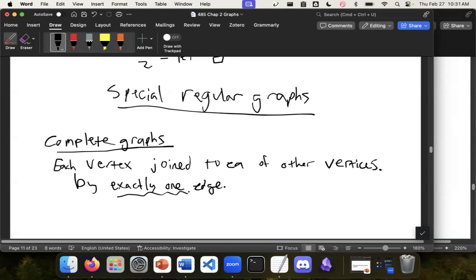So this bit, the exactly one bit, that's important because we're assuming that we're in simple graph land, which just means no loops, no multiple edges.